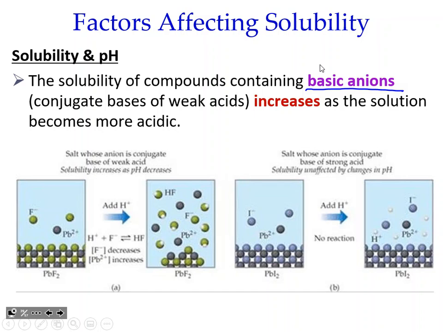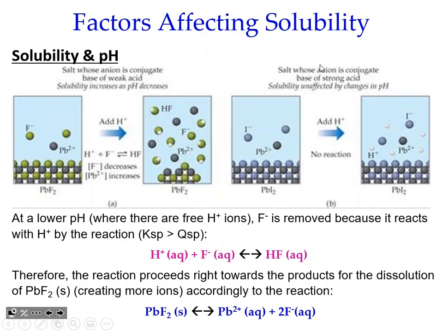So as the pH drops, where you're adding in more hydrogen ions, you're going to increase solubility of certain salts that have basic anions. We will go through in detail in acids and bases how to identify the basic anions, but we just look at these two examples here in the pictures.